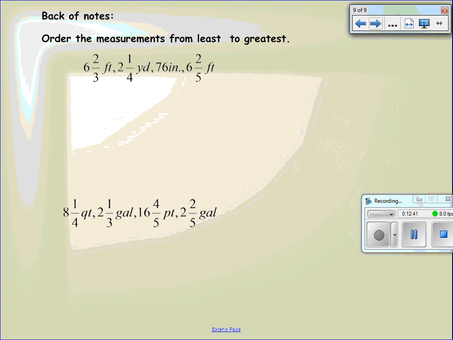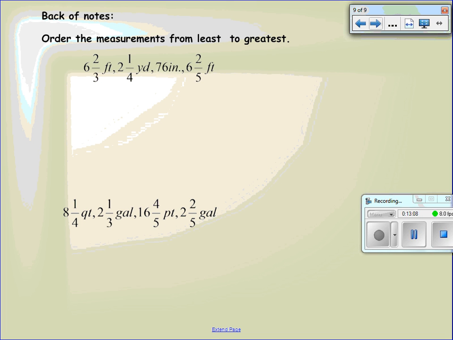In the last part of your notes, we are going to order the measurements from least to greatest. In order to do that, you're going to need to convert them all to the same unit in order to compare them. Notice we have feet, yards, and inches, but 2 of our examples have feet. So I would convert them all to feet. That means I would only have to do 2.